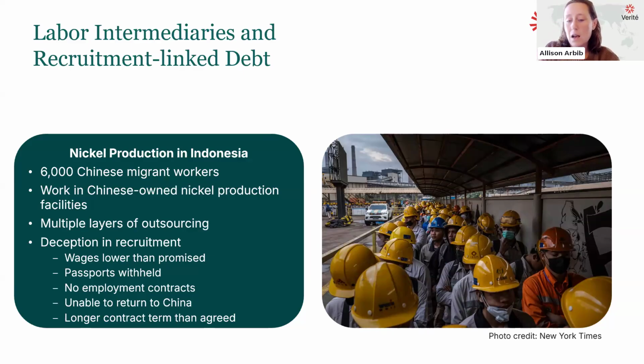These facilities were developed to refine nickel ore. Over 6,000 Chinese workers were employed in these parks and facilities. They were recruited from their homes in China through multiple layers of labor recruiters and subcontractors, all the way down to a very local village level.